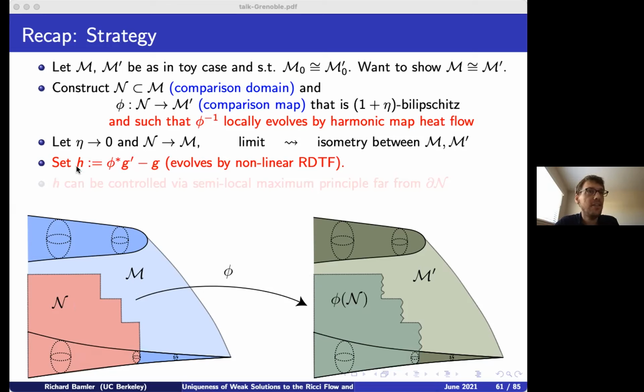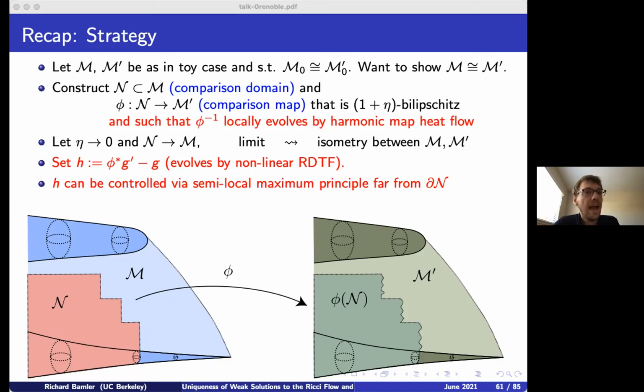If h is 0, then this would mean that phi is an isometry of Ricci flow spacetimes, or local isometry. And if h is small, then this would establish some bi-Lipschitz condition. The good thing about h is that it evolves by the nonlinear Ricci-DeTurck flow, and that we can control h via the semi-local maximum principle.